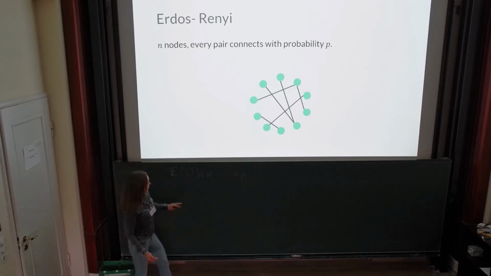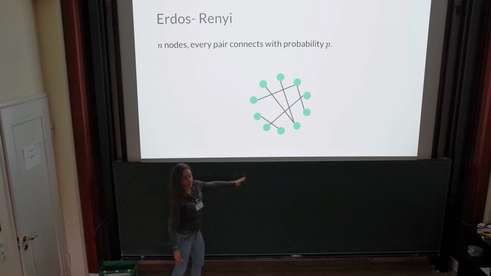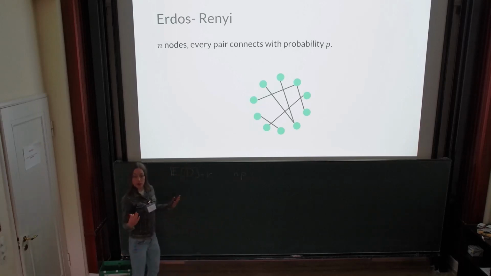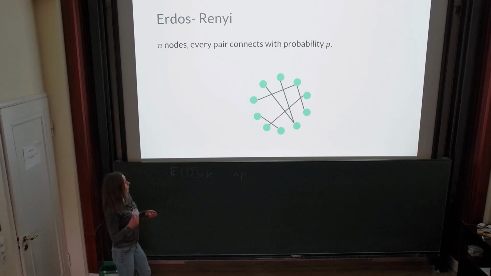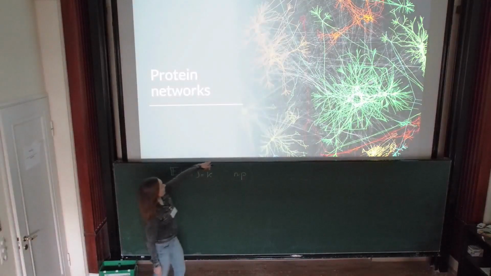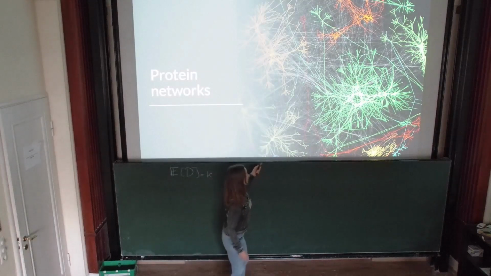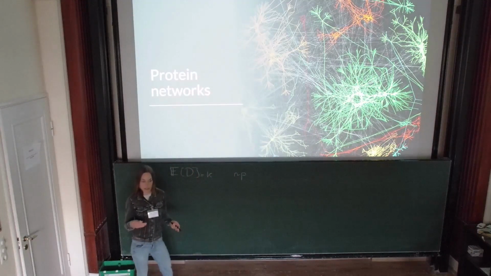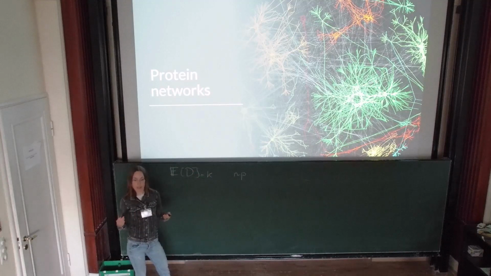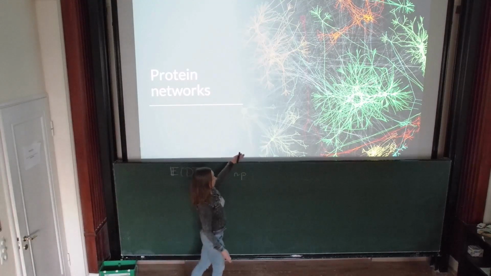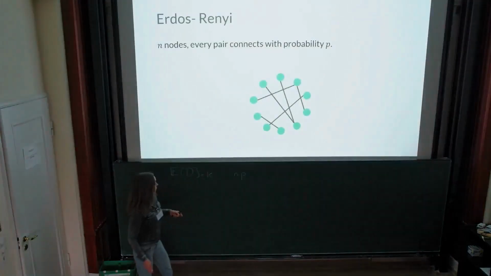To achieve this, you have to choose p as a function of n to get a sparse network. The reason why people are usually interested in these sparse networks is that in basically all data sets, the average degree is usually maybe 5, maybe 10, sometimes a bit larger, sometimes a bit smaller, but even when these networks have millions of nodes, the average degree is usually fixed.